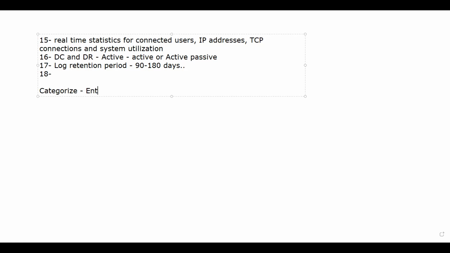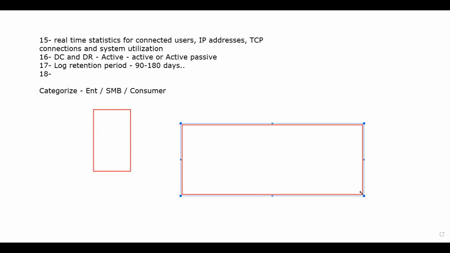Category means enterprise, SMB, or consumer base. Your solution should have at least two or three outlines. One is going to be your control plane, another one is going to be your data plane.